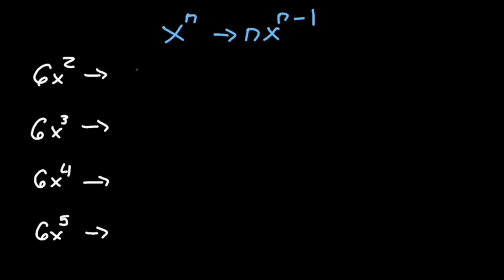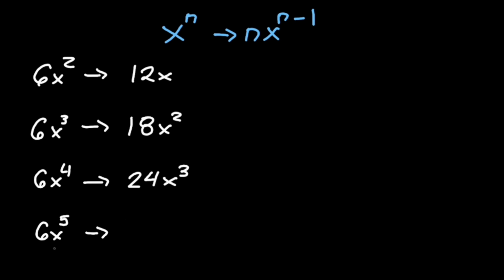Derivative of 6x squared will be 12x. Derivative of 6x raised to the power of 3 will be 18x squared. Derivative of 6x raised to the power of 4 will be 24x raised to the power of 3.